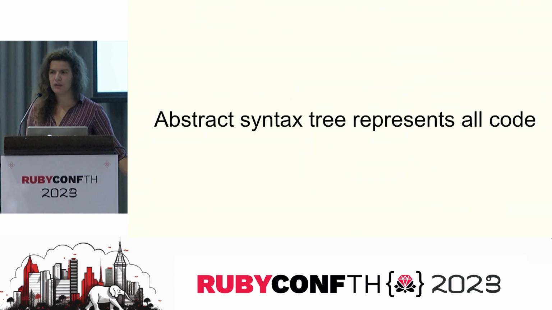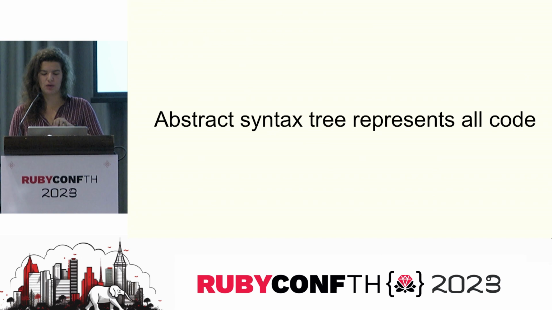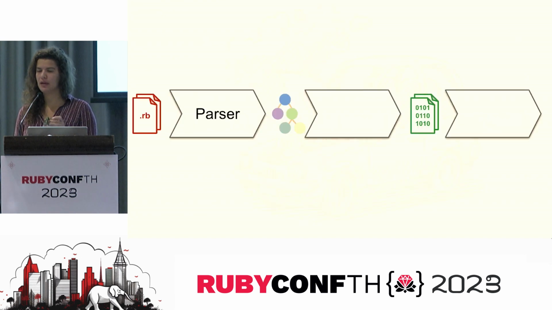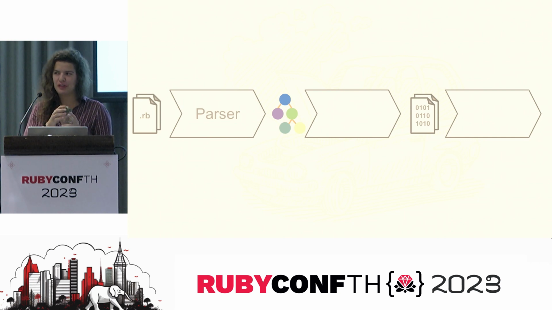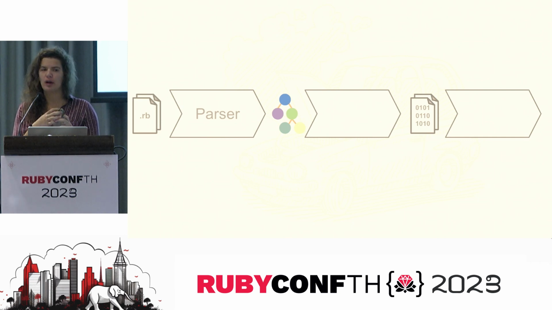What's important to note here is that the abstract syntax tree represents all of our code. It has to represent all of our code. And why is that? It's because, as I was saying earlier, there's not only one consumer of our code. It's not just that we're using this parse tree for execution, but there are other tools that can also rely on it. If you think for a second, you might be able to think of what other things could use the parse tree that would just want the tree representation of your code, but not necessarily any executed representation.